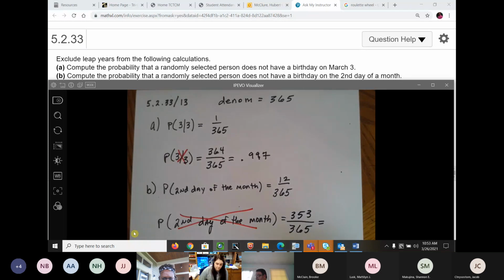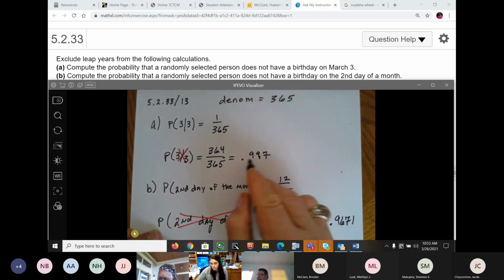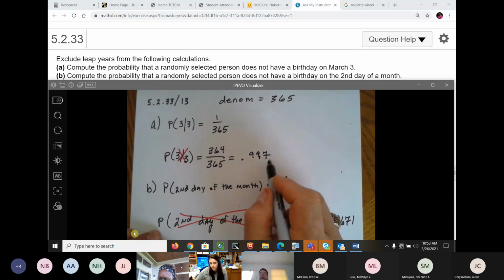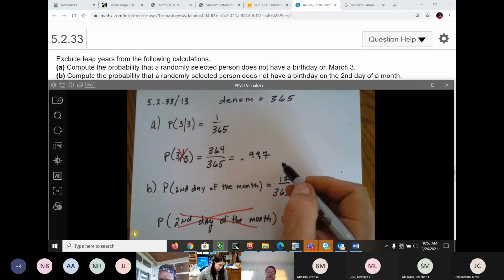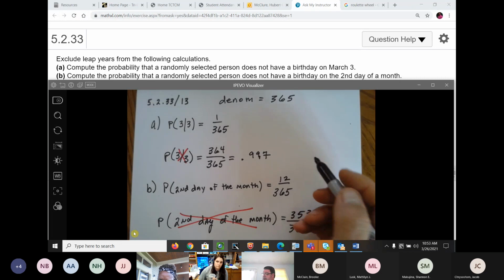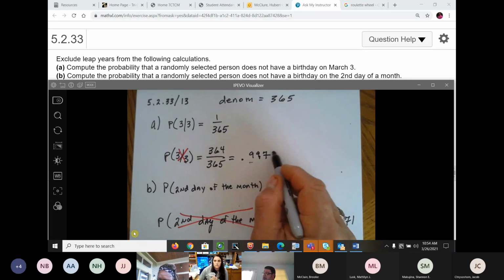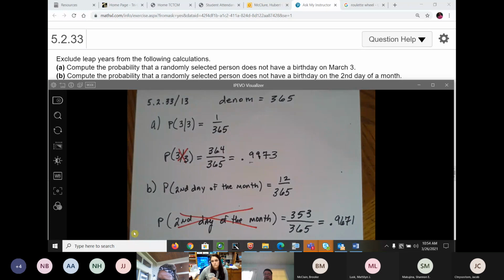Somebody give me 4 digits, please. 4 decimal places. 0.9671. And what was 4 digits on this one? Was it 0.9970 or was it, I need 4 decimal places? It was 0.9973. Thank you. All right, now let's do C.